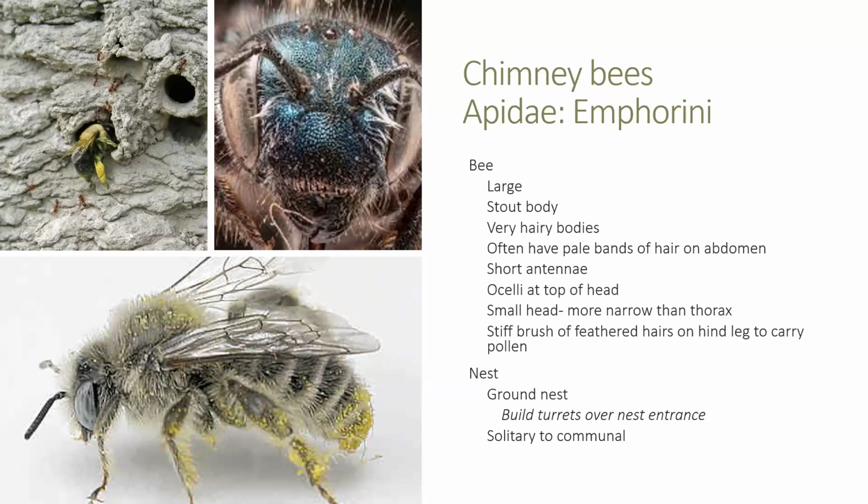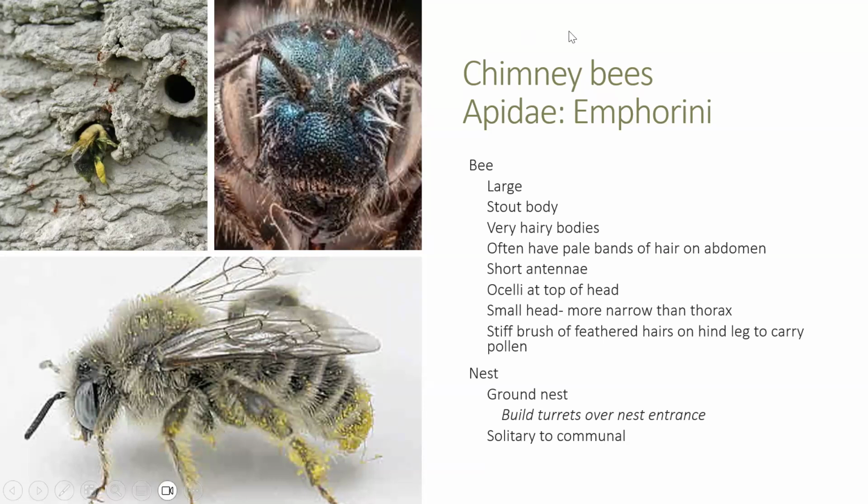If you look closely at them underneath magnification or a microscope, you will see ocelli in between their compound eyes above the antennae. If we look at the picture here on the upper right-hand side, the compound eyes are the main eyes that the bee sees with. And these three little dots that you see up here on the top of the head, those are the ocelli.